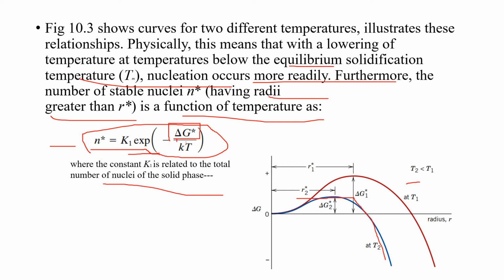Why? Because the temperature is lower. When temperature is lower below Tm, the exponential term in this equation also decreases, such that the magnitude of n star increases. This temperature dependence of n star versus T will be explained further in the schematic plot.